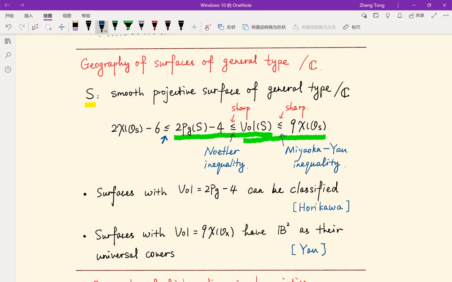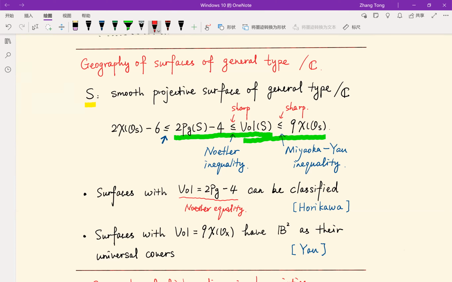For example, there's a very classical work that classifies the surfaces satisfying the Noether equality. This is the Noether equality, and usually people call such a surface a surface on the Noether line. Such surfaces can be fully classified.